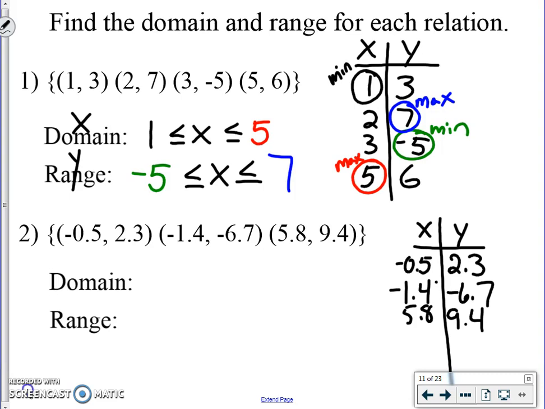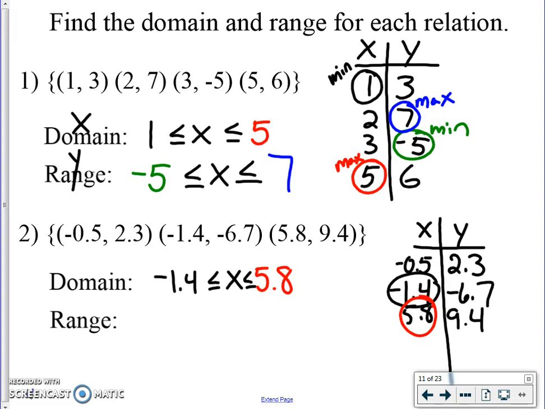Well, my minimum value is negative 1.4. I'm going to make that less than or equal to x because that's my smallest value in that domain. My largest value is 5.8, so x will be always less than or equal to 5.8, and that is my domain. We know that both negative 1.4 and 5.8 are included because they're actually given as points, and I forgot to put my less than or equal to there.